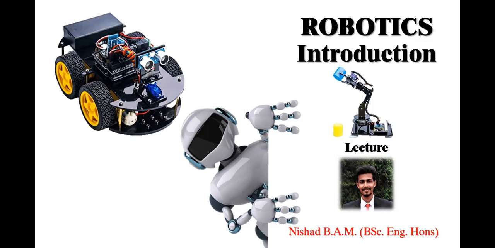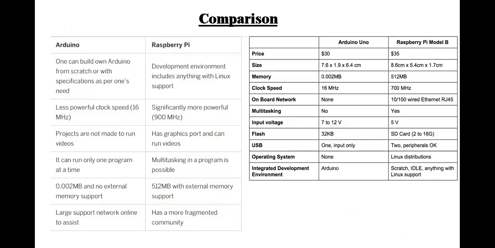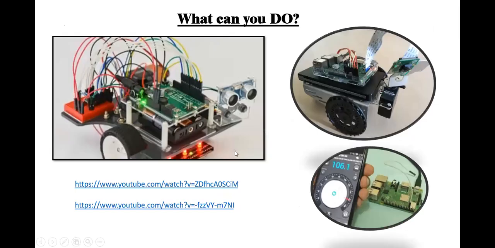So in today's class, we are going to actually install Raspberry Pi and deal with those things. So let's see these things. What are the projects that we can make? We saw why we use Raspberry Pi.